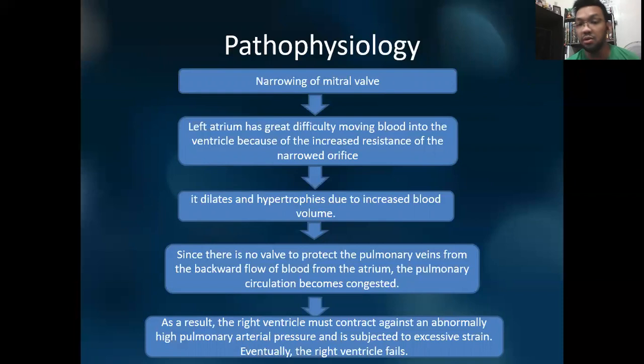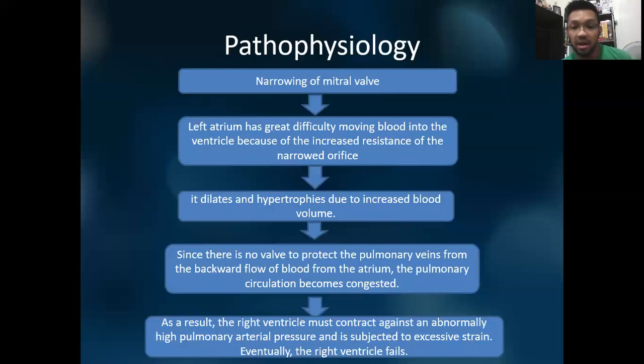And since there is no valve to protect the pulmonary veins from the backward flow of blood from the atrium, the pulmonary circulation is going to be congested, leading now to an increase in the blood pressure in the pulmonary veins.